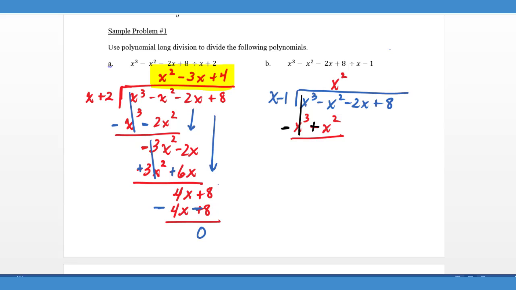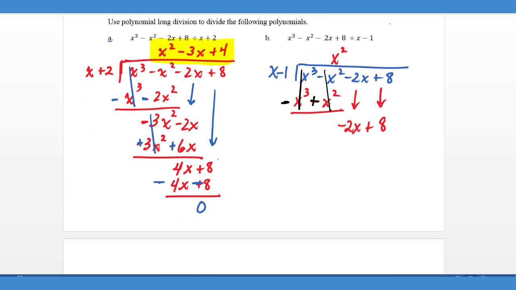But I have a different situation here where x squareds are canceling out also, leaving me nothing down here. This means that I'm supposed to drop down the next term, but the problem that I run into is that I cannot put a binomial into a monomial. So I technically need to drop down the positive 8 as well.